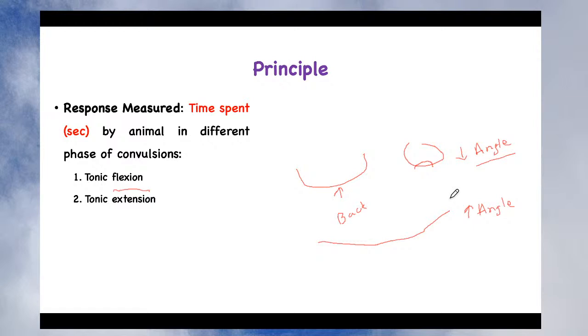In the first phase, tonic flexion, they come together, whereas in the second phase they are extended, going away from each other, and as a result this angle increases. Why? Suppose this is the front paw, then the front paw goes back or is extended, and suppose this is the back paw of the animal. Both legs of the animal go away from each other, and as a result there is an increase in angle. So it is called the tonic extension phase.